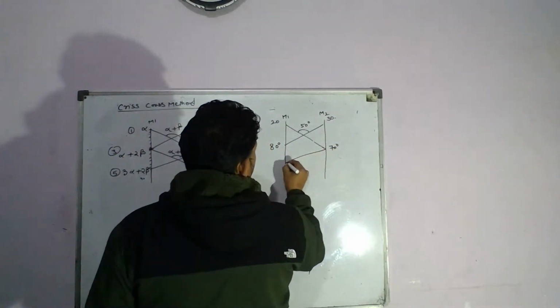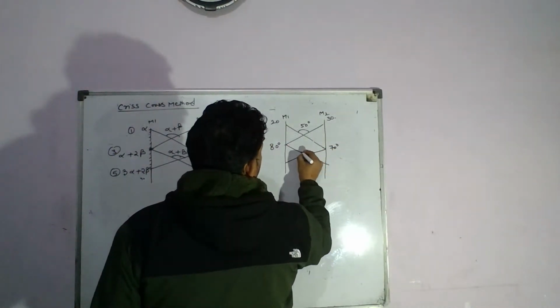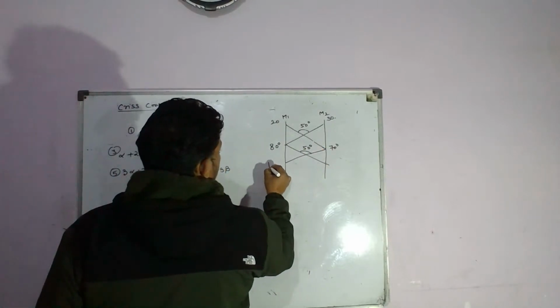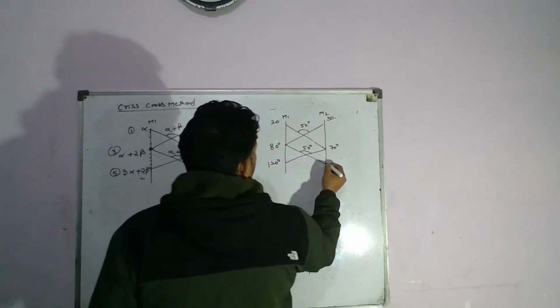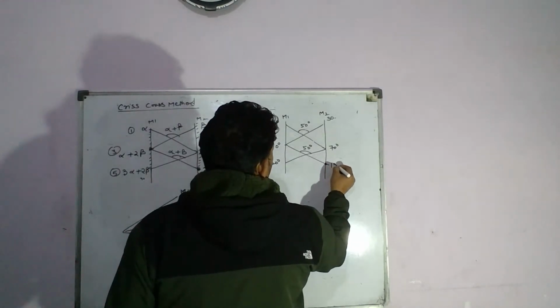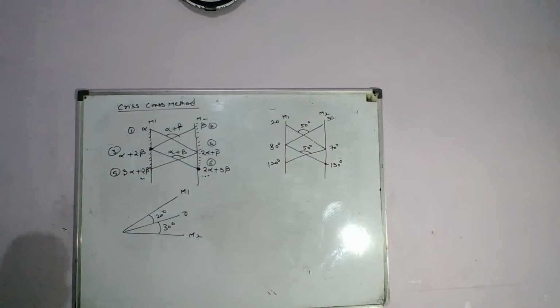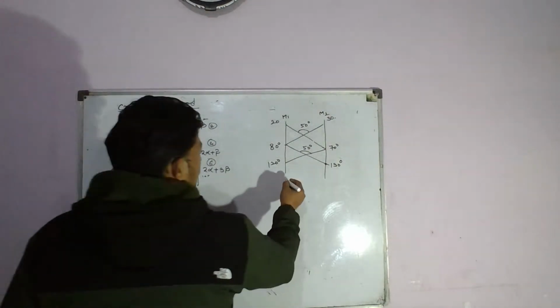Clear? Next, this is again the same 50 degrees. So it is 120 degrees and it is 130 degrees. Clear now? It is 130 degrees. Now move on.